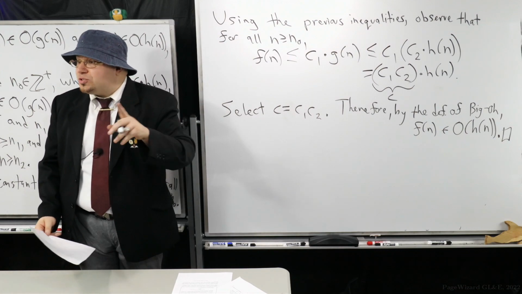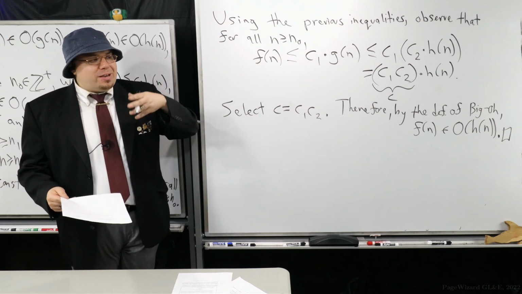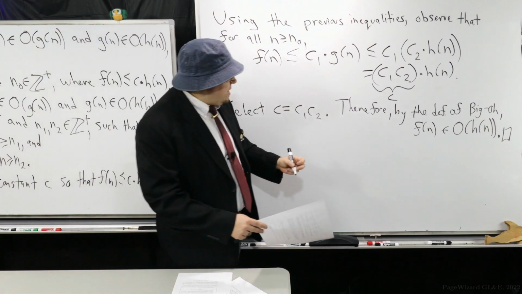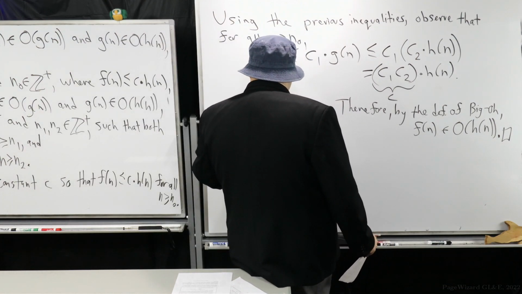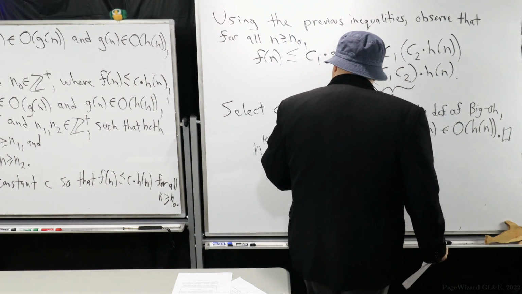So I thought I'll give you just one example of how you might use this. Now, in a previous session, I showed you how you can prove something like n to the k is big O of n to the k.